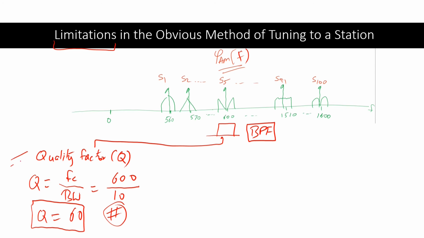So the first limitation is a high quality factor, and the second limitation is that right now we are trying to tune to station number 5, but if we want to tune to station 2 or station 1 or station X, say 91 or 100, this band pass filter would have to be a tunable filter.